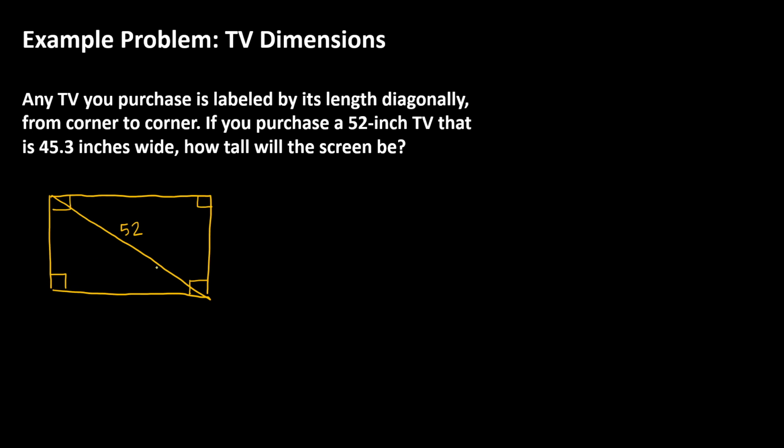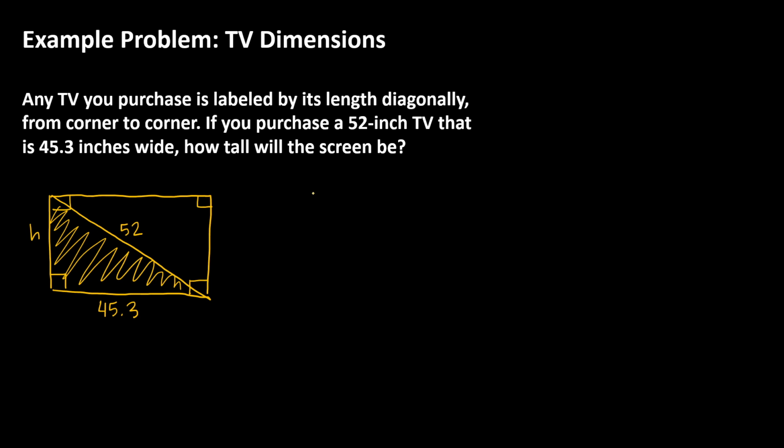So the hypotenuse of this triangle, the longest side, is that 52-inch measurement. The width of the TV, the problem says, is 45.3 inches wide. So we need to find the height. Let's call this h, h for height. So we can use the Pythagorean theorem to solve this problem. So looking at just this triangle here, here's my right triangle.